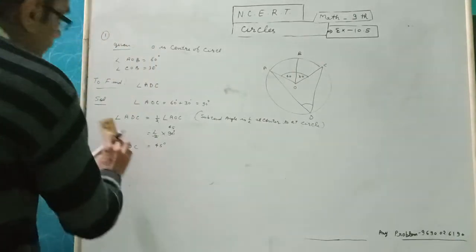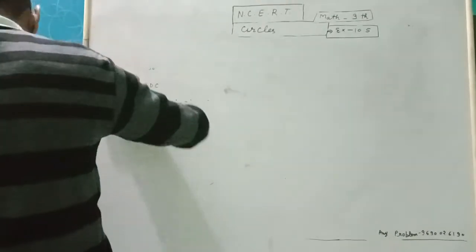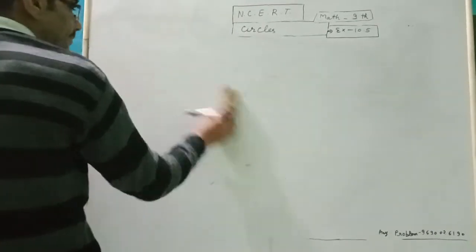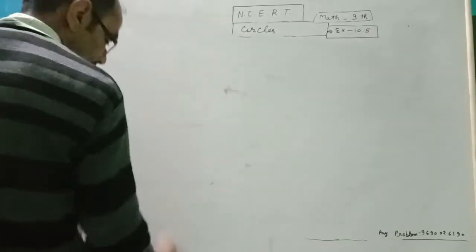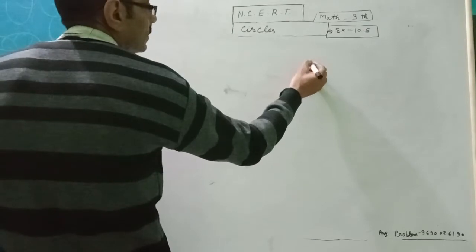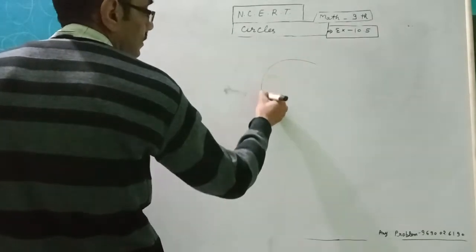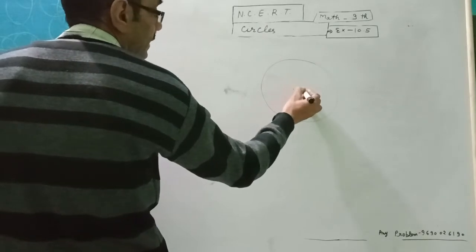Question number 2. Question number 2 is a chord of a circle, that is the circle. O is the center.